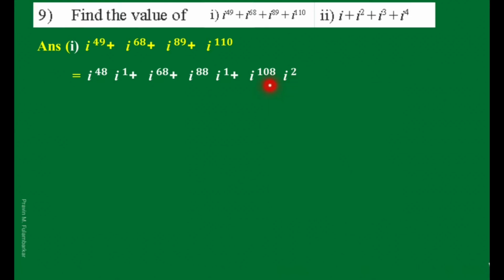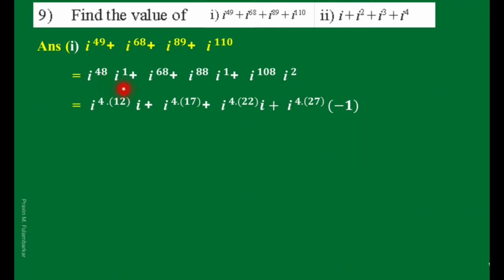So 108 is a multiple of 4. So in the next step we write this 48 as 12 fours are 48, this 68 as 17 fours are 68, then this 88 as 22 fours are 88, and this 108 as 27 fours are 108.